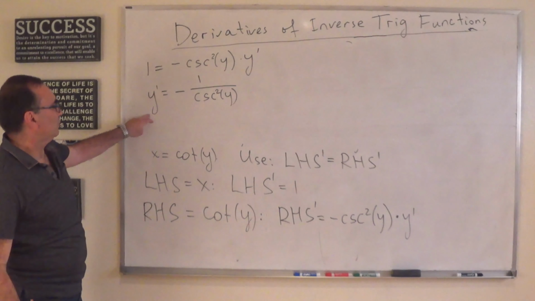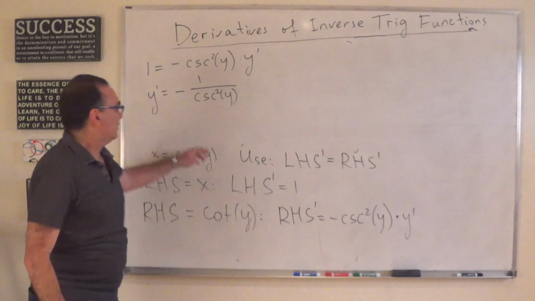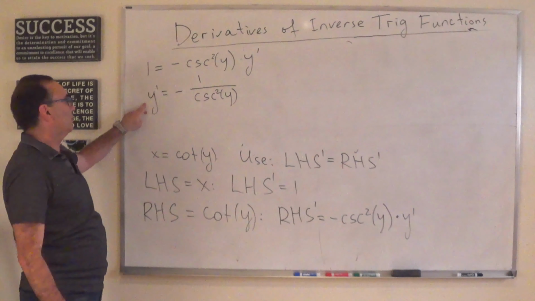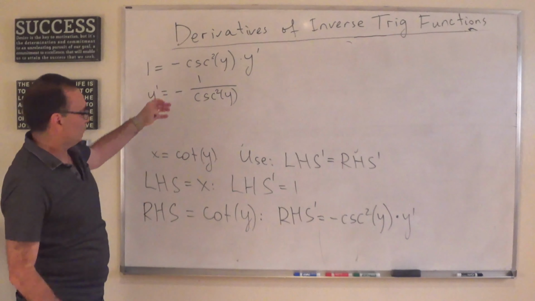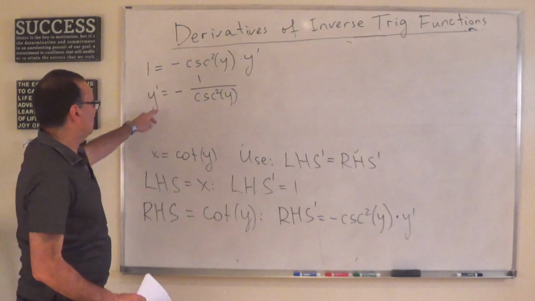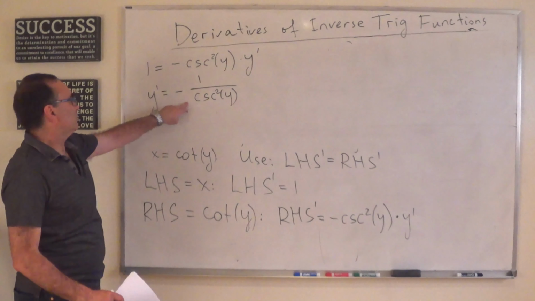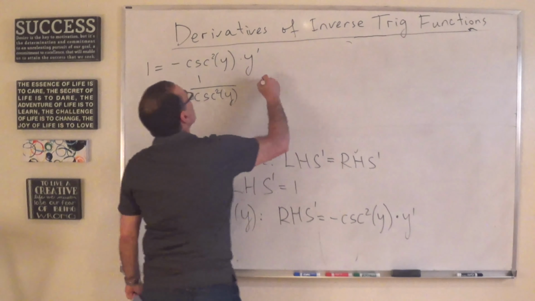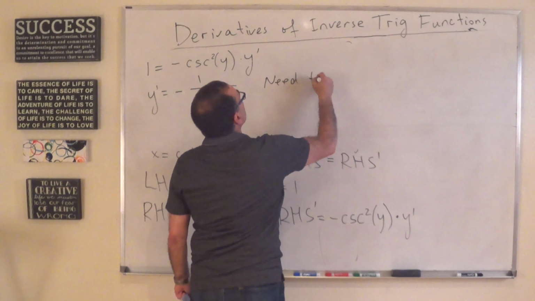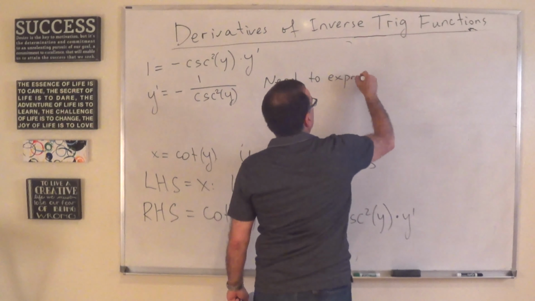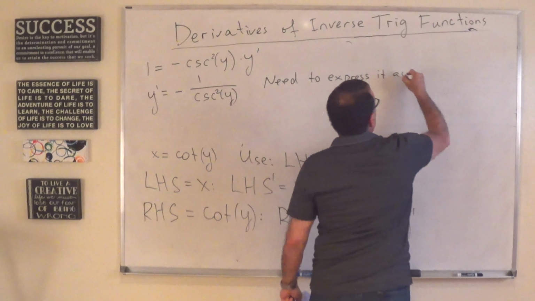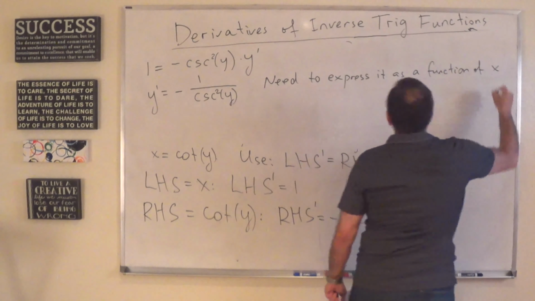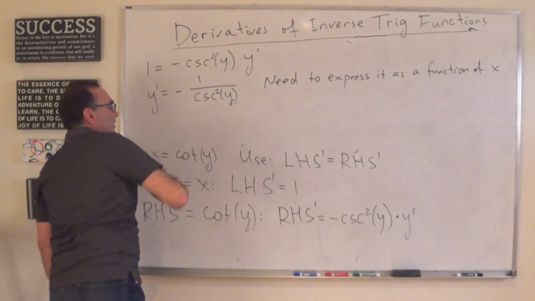Now, this is a good solution for the derivative of an implicit function. However, when we calculate the derivative of inverse cotangent, what we need is to express this derivative as a function of x. And in this context, x equals cotangent of y.